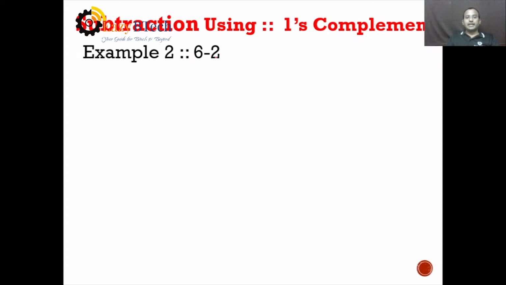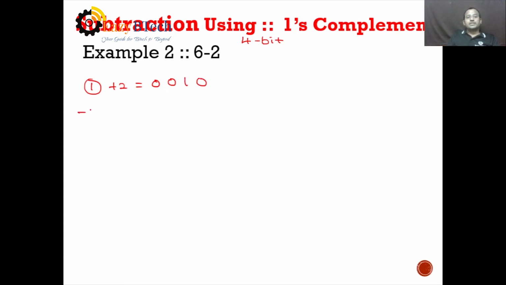So this is the second example, and in this case we are subtracting a smaller number from a larger number. The first step is to represent the number we are subtracting in one's complement form. Here also we consider 4-bit representation. If we consider 4-bit plus 2, we represent 0, 0, 1, 0.